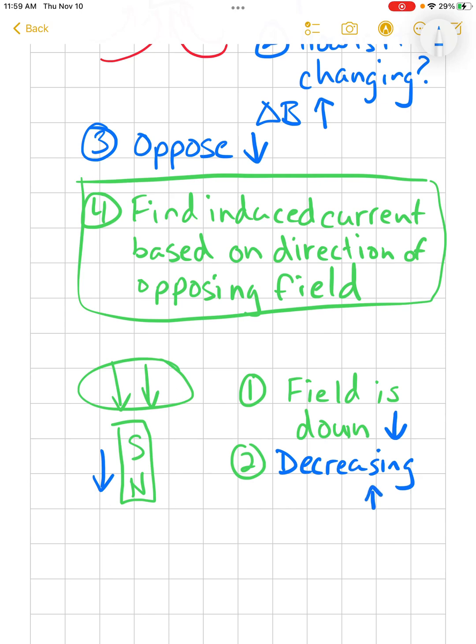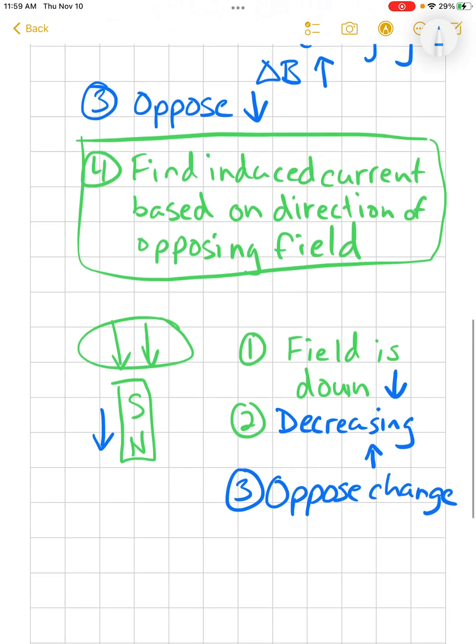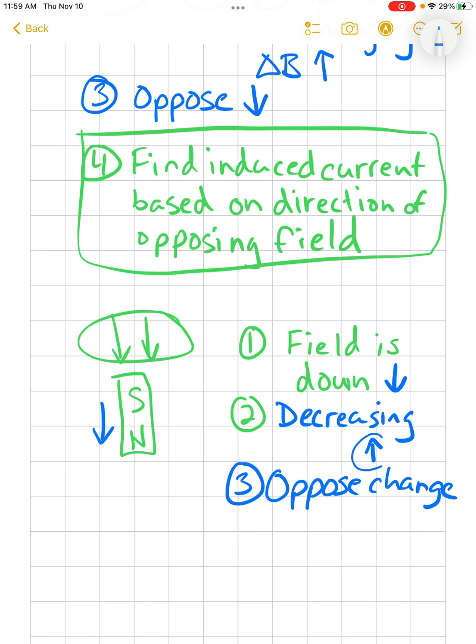So it's decreasing, but since it's moving down, our arrow is going to point up to indicate that it's decreasing. We want to oppose the change. So to oppose this change, we want something in the opposite direction of that. So our induced magnetic field is going to point downward.